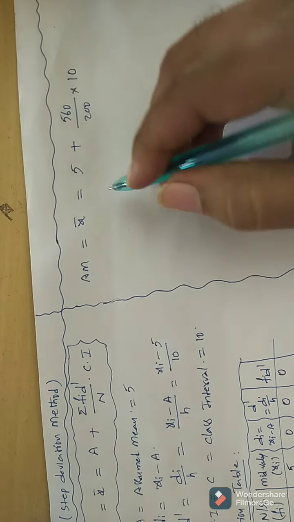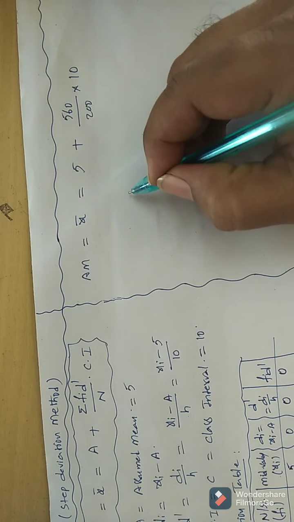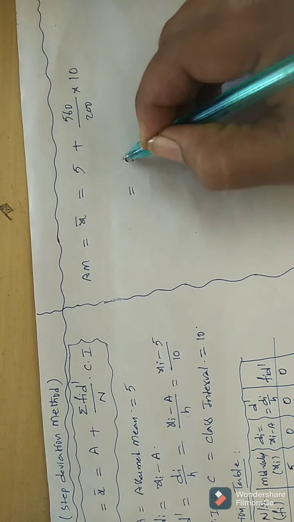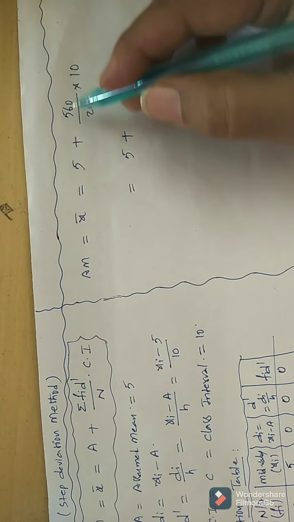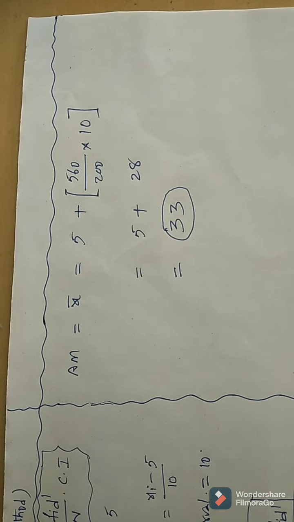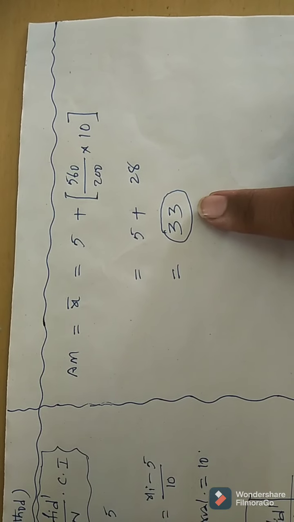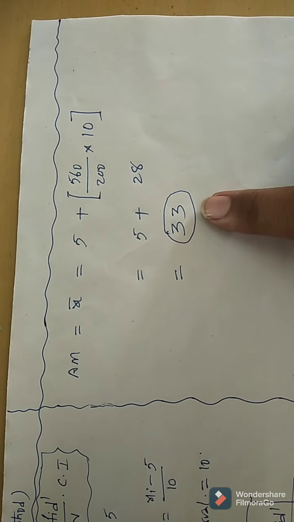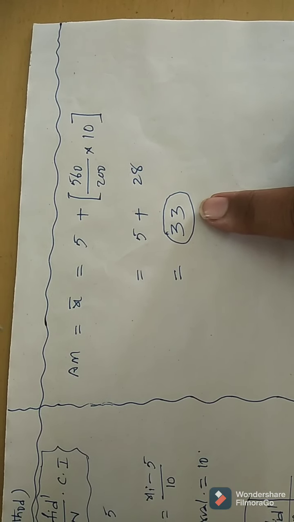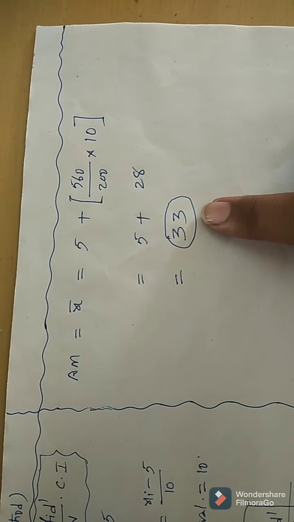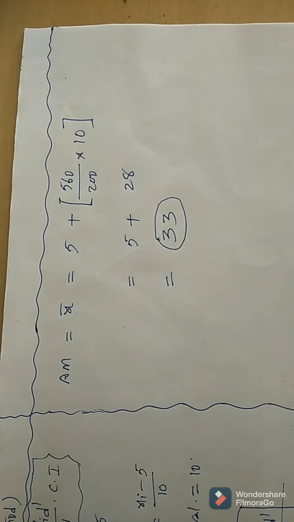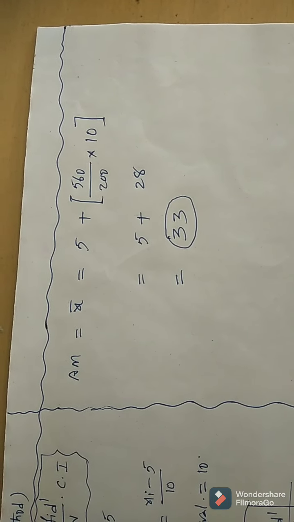So we simplify this. That is equal to 5 plus, by multiplying these two, finally the answer is going to be 33. This matches the first method, the direct method. So here ends your step deviation method.